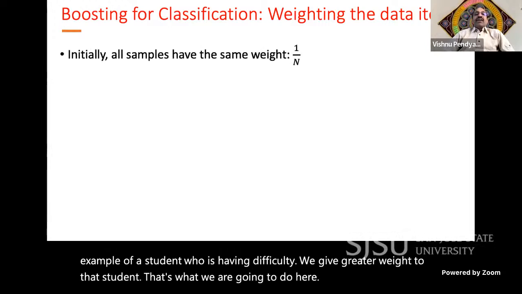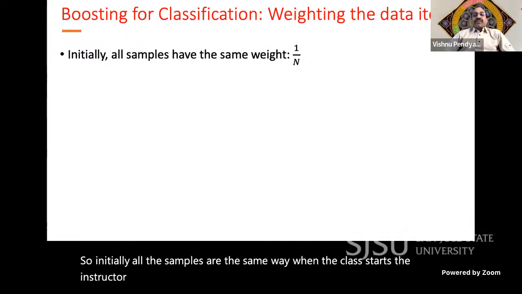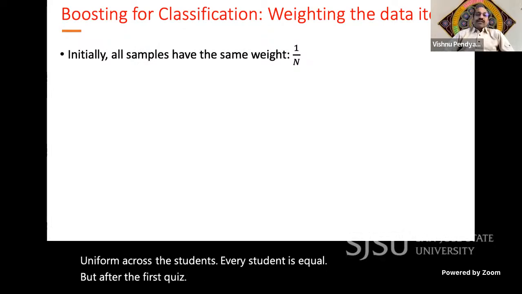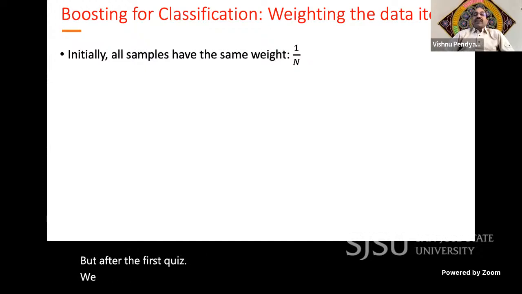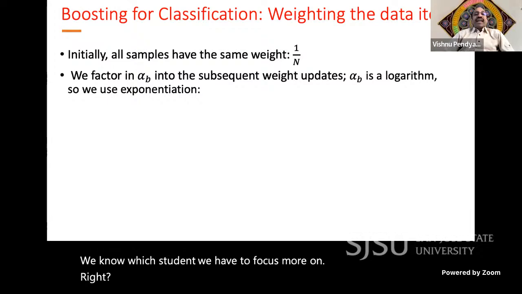So initially, all the samples are weighted the same way. When the class starts, the instructor is uniform across the students. Every student is equal. But after the first quiz, we know which student we have to focus more on, right? So we factor in alpha b into the subsequent weight updates.